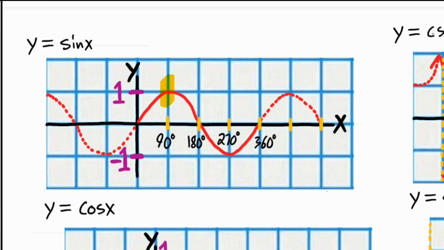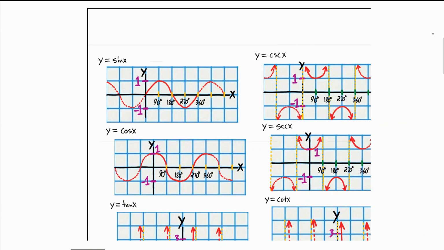So that's obviously here, here, and here. And the problem is asking for all of the solutions. So we have 90, 270, and 450. 90, 270, 450, and -90, and so on and so forth.